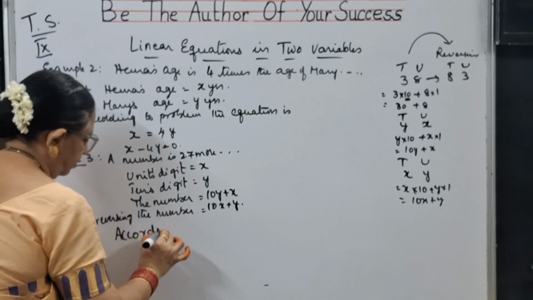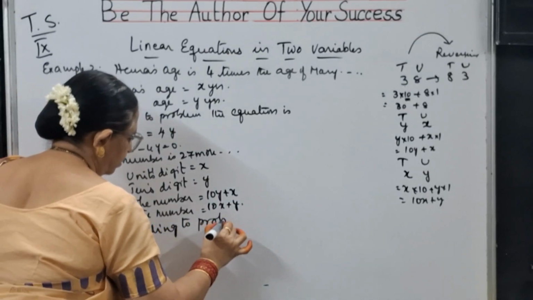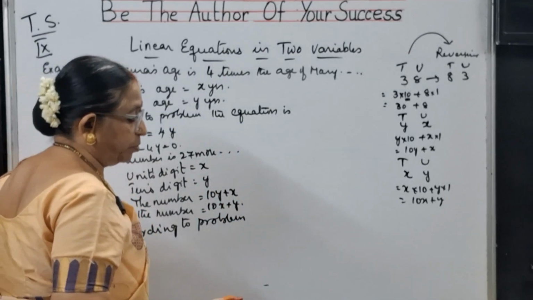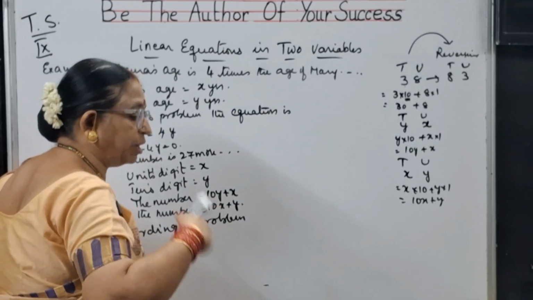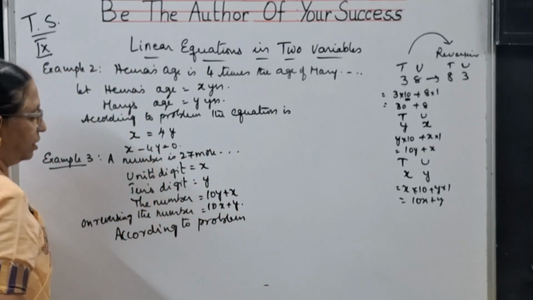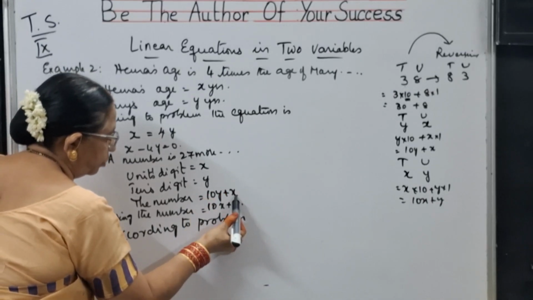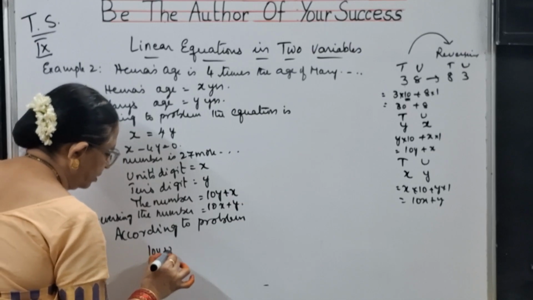Now according to the problem, what does the problem say? The problem says a number is 27 more than the number obtained by reversing it. That means this number, the original number, is 27 more than this, 10y plus x.